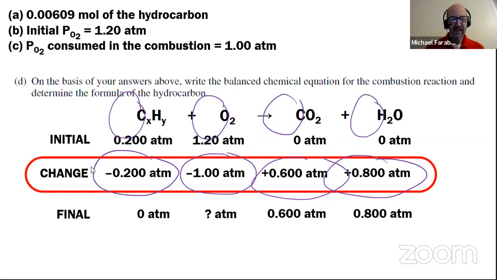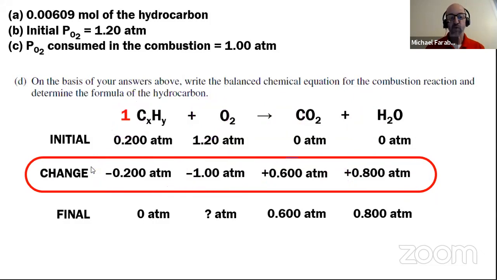All right, so if that's the case, let's say I go ahead and just make up a coefficient of 1 for my mystery hydrocarbon. Well, hopefully you can see that the change in oxygen is 5 times as great as the change in the hydrocarbon.